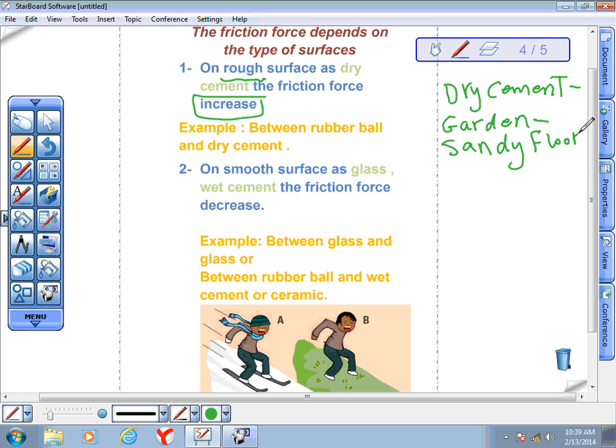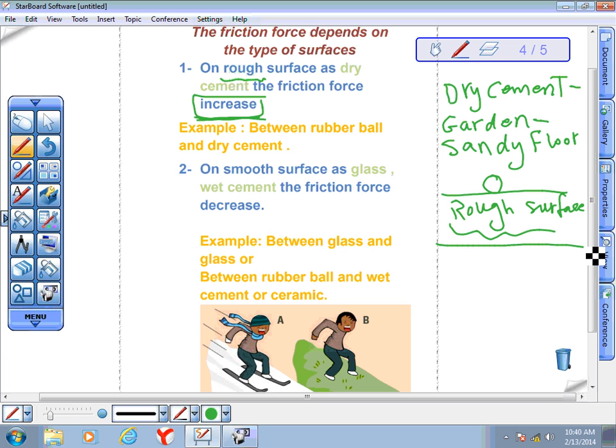If we roll a rubber ball on a rough surface, we found that the rubber ball will move for a short distance. This is because the friction force increases between the rubber ball and the rough surface.